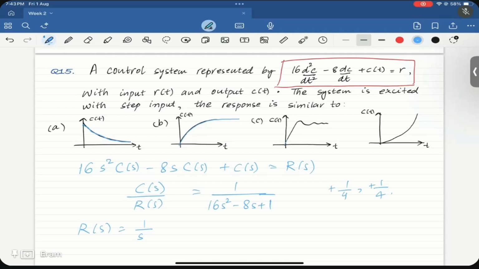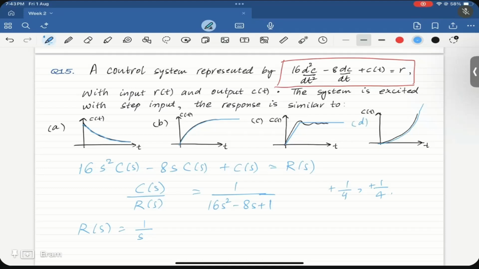In the third case also, it is oscillatory, but it is settling to some value. It is also bounded, right? But in the last option, we can see that the response starts to grow and continues to grow to some infinity values, right? So which option is correct?